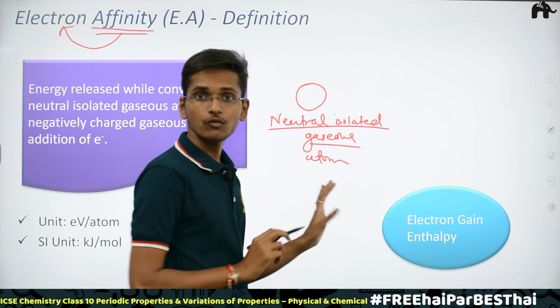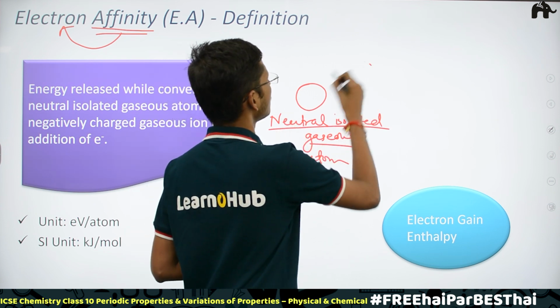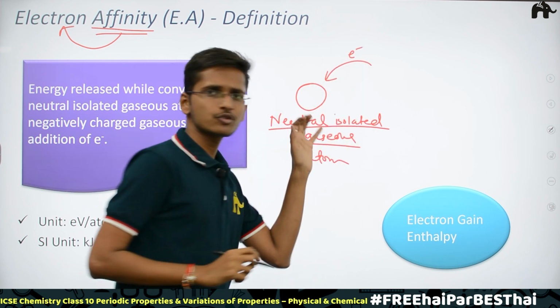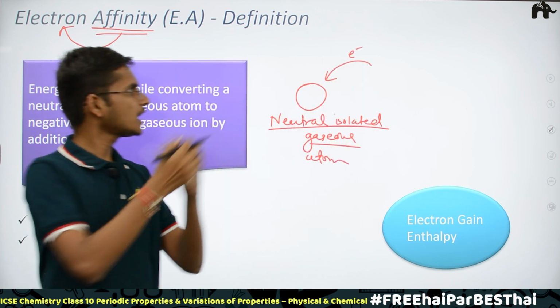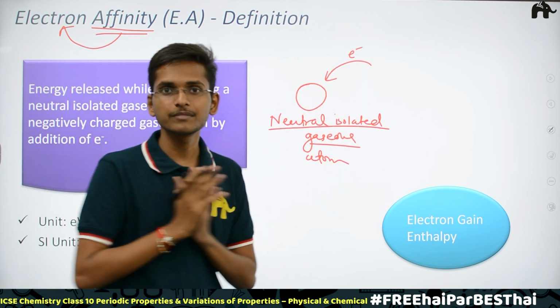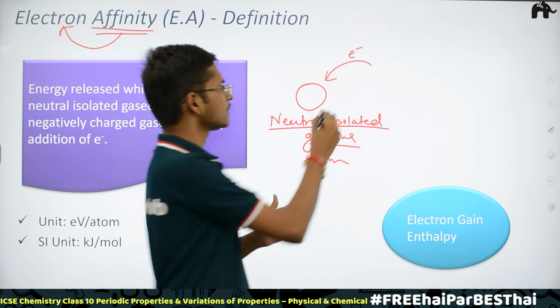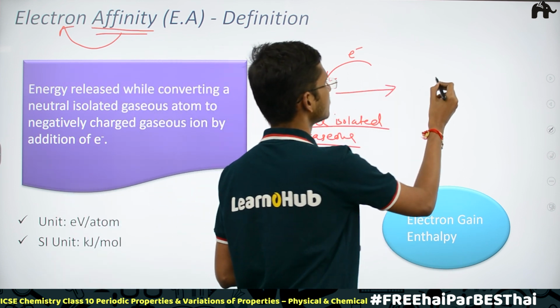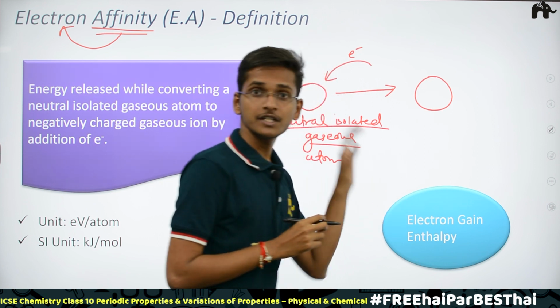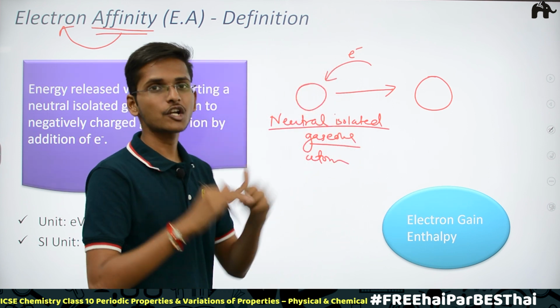Now I want this atom to accept an electron. So I make this atom accept the electron. But what happens then? After accepting this electron, it would become negatively charged because it has one electron more.